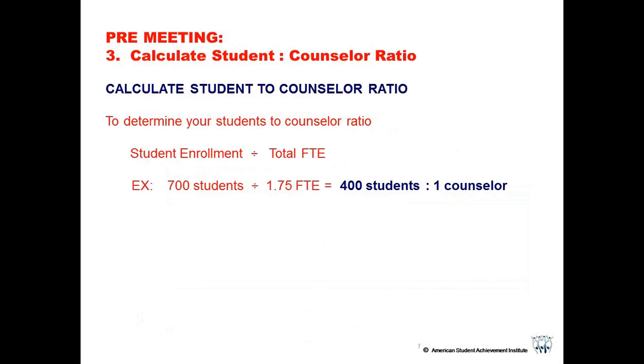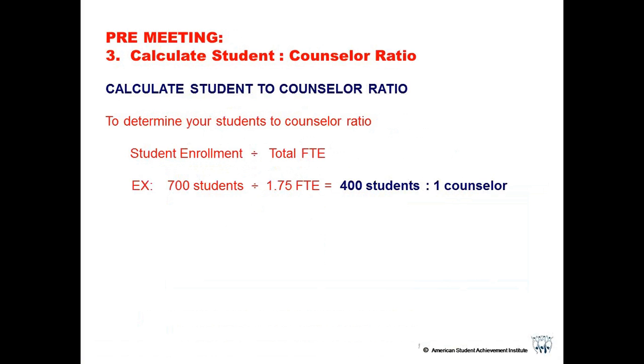Based on those 2 data points, we can calculate an accurate ratio. When we calculate your student-to-counselor ratio, we want to make sure that we're using the counselor's adjusted FTE. So we take your total student enrollment and the total FTE for your department, and that gives us our ratio.